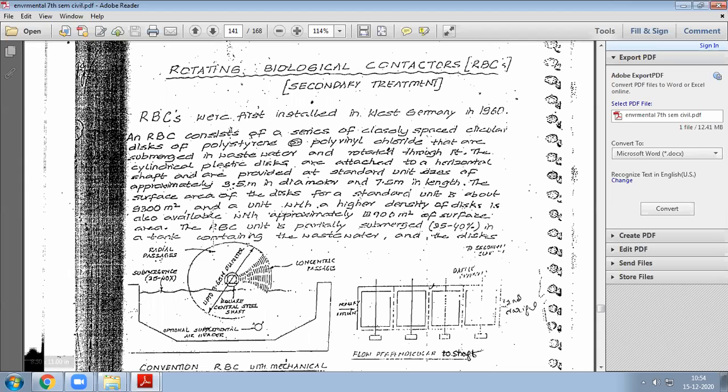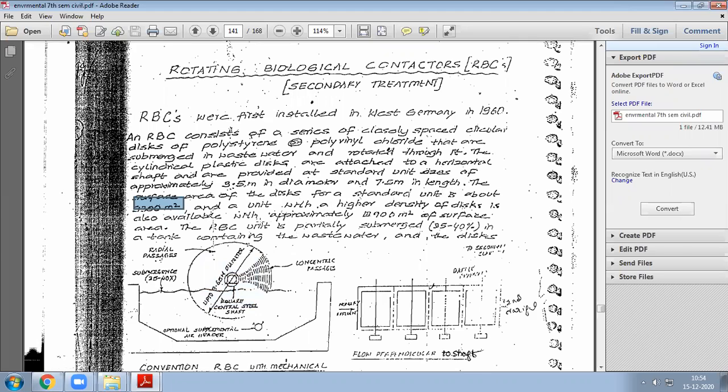The cylindrical plastic discs are attached to a horizontal shaft and are provided in standard unit sizes of approximately 3.5 meter diameter and 7.5 meter. Some dimensions are given for how it is placed, and the surface area for the standard unit is also given.